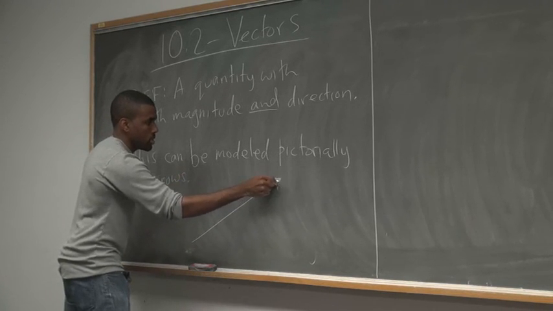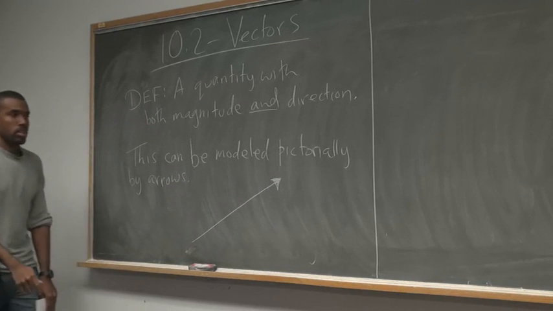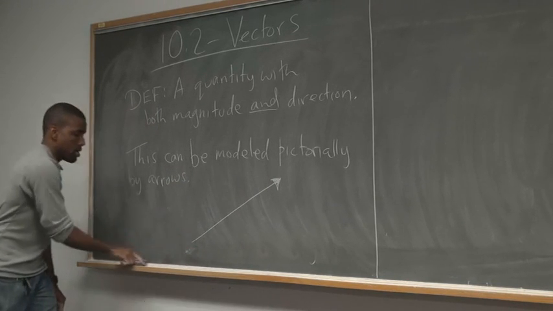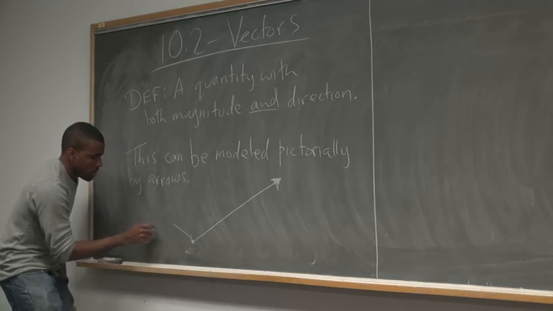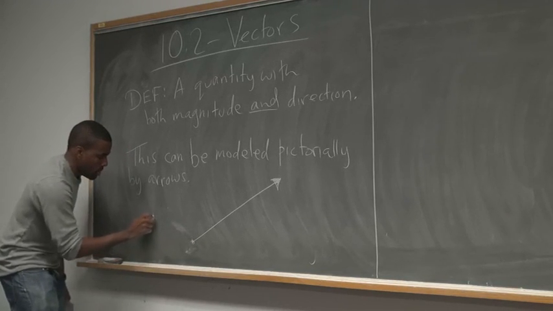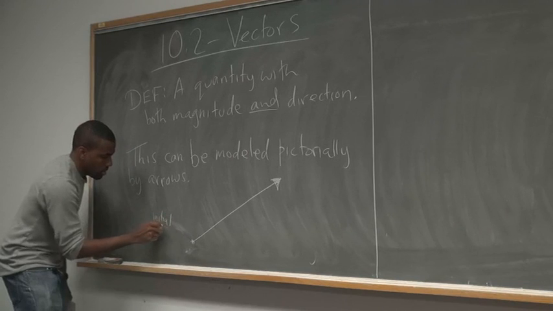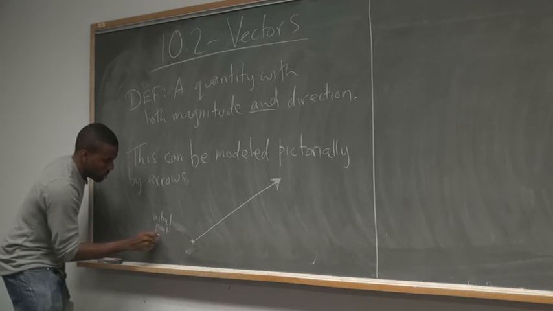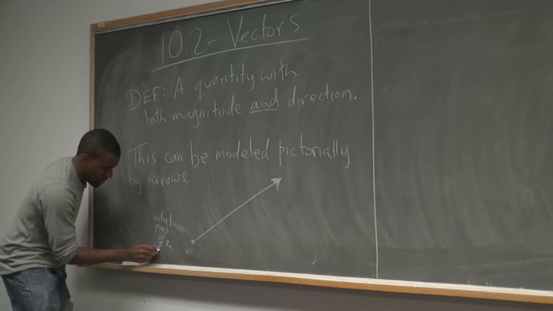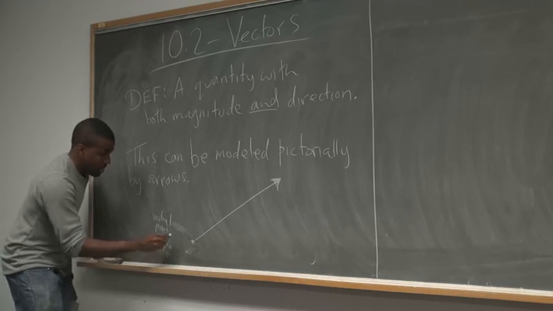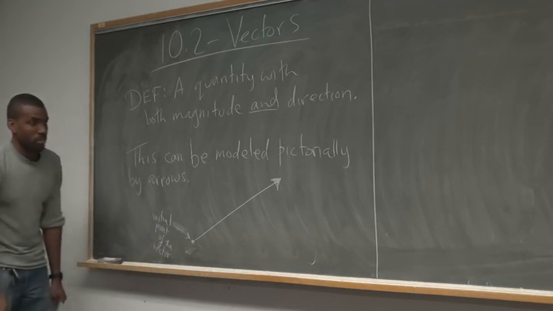So we can pictorially represent vectors by arrows, right? This is called the initial point of the vector.